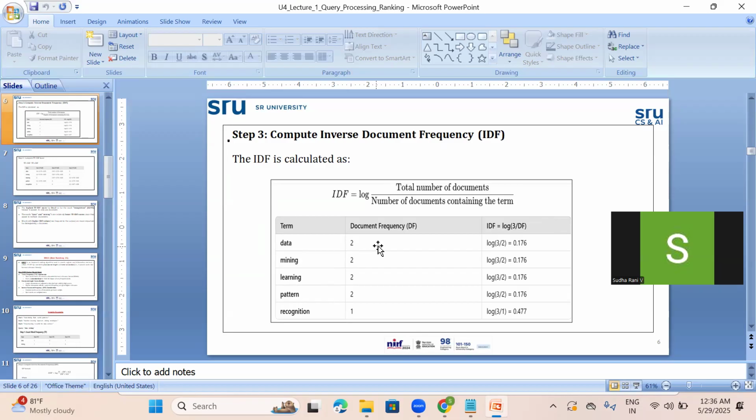See, data: the document frequency is 2, since it appears in 2 documents. IDF equals log of 3 by DF. Here 3 is the total number of documents, and DF is the number of documents it appears in, which is 2. So 3 by 2. The value is 0.176. This is the calculation of IDF.